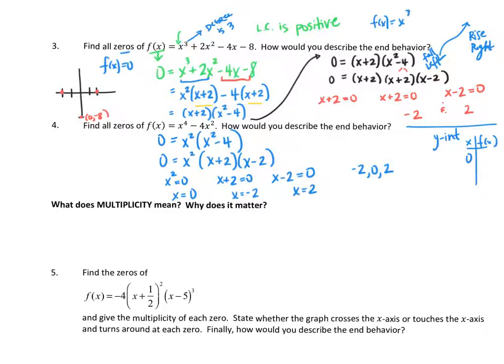The most zeros that I would have would be 4 because it's to the 4th power. But I do have 3 real zeros. And I actually have a double solution with that x equals 0. And we'll talk about when you have that solution more than one time.